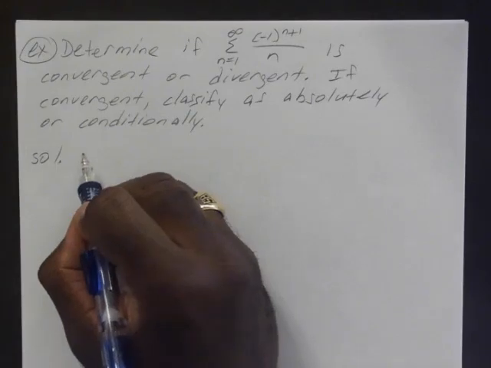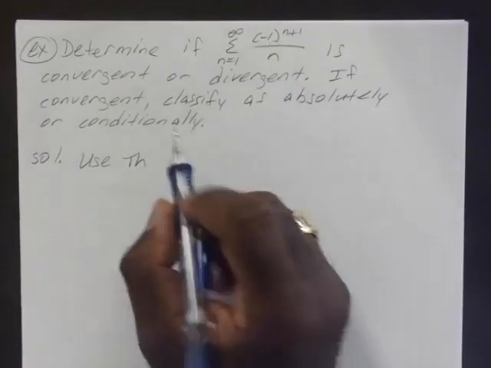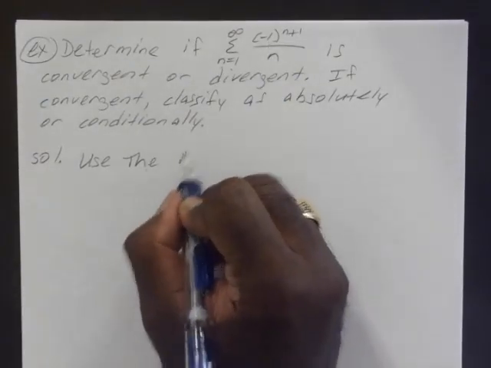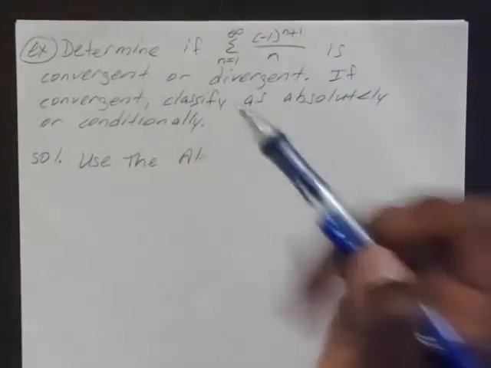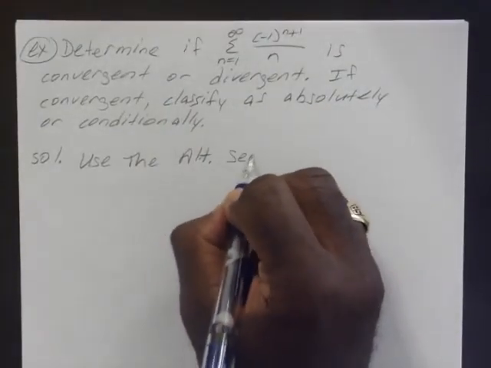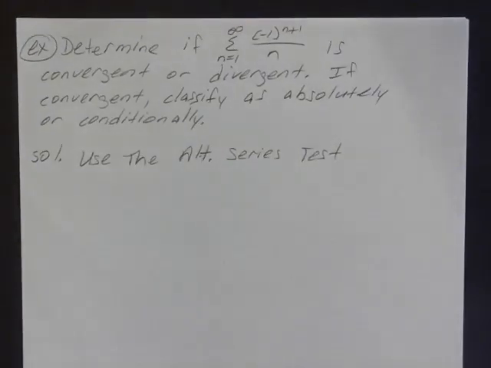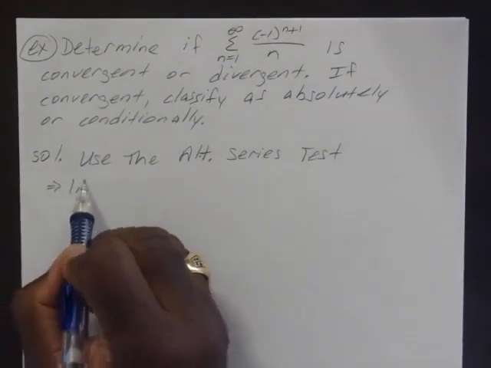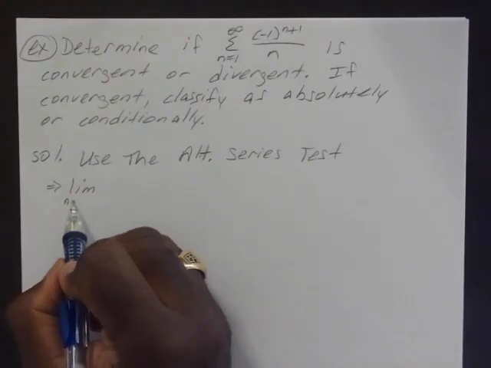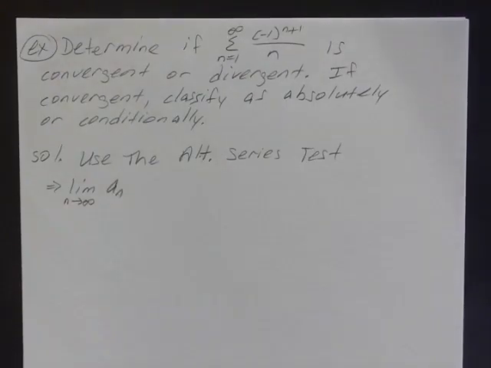Okay, so we decide just to use the alternating series test because we have that negative 1 to the power of n plus 1. So the alternating series test. Okay, so that first condition is that the limit as n approaches infinity of your a sub n should equal 0 for it to converge.